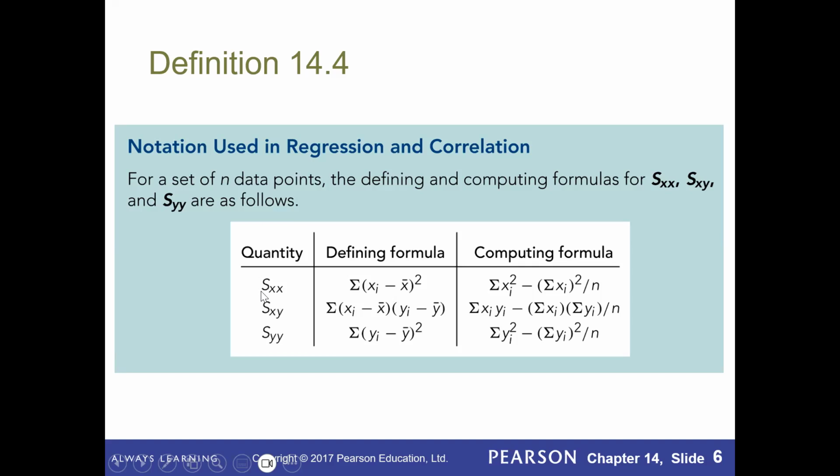For Sxx, the defining formula is the summation of x minus x bar whole squared, while its computing formula is the summation of x squared minus the square of the summation of x over n. Computing formulas are usually used when we want to calculate the value. It is easier to compute using the computing formula.